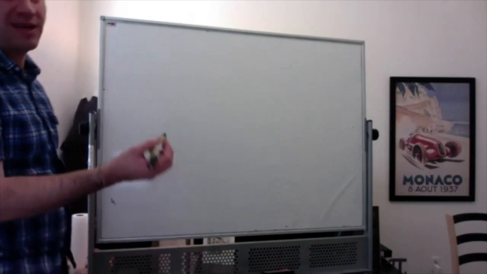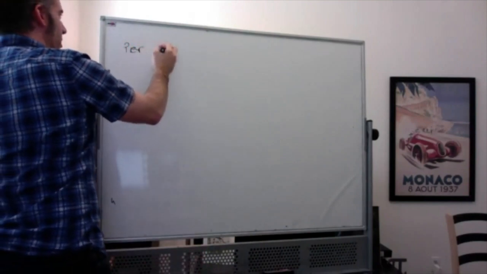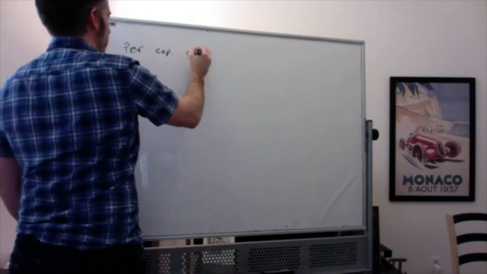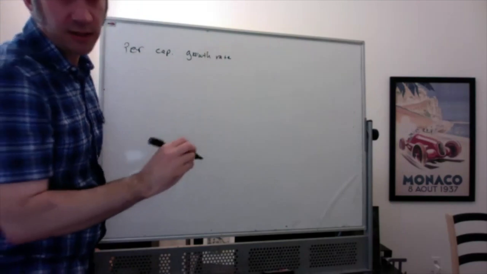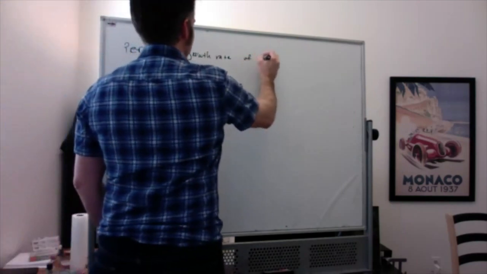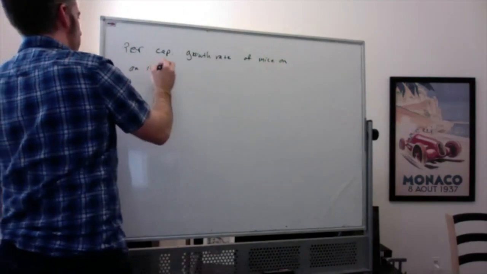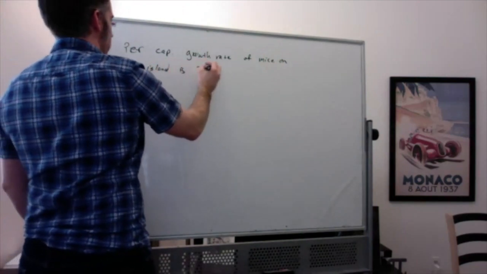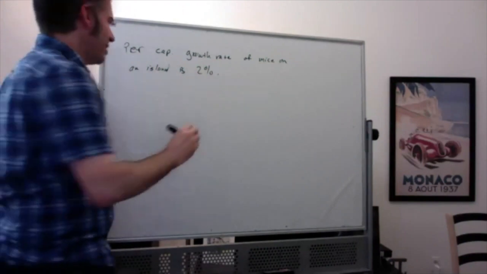So the per capita growth rate, or rate as people actually say that word. So the per capita growth rate of mice on an island is 2%. Let T naught equal 3.